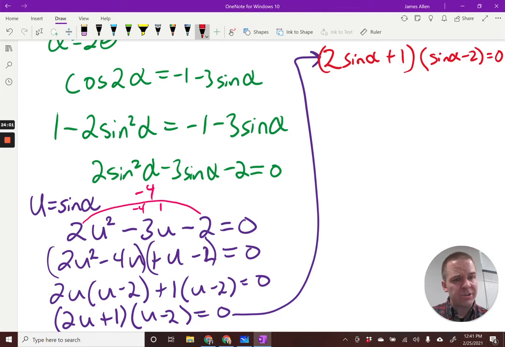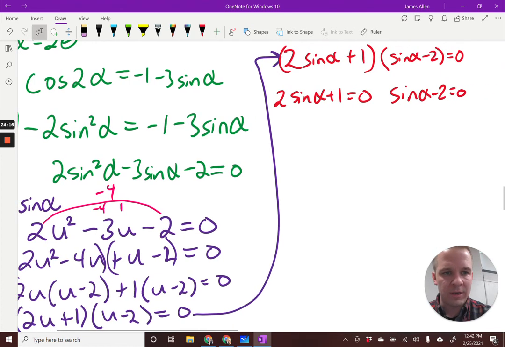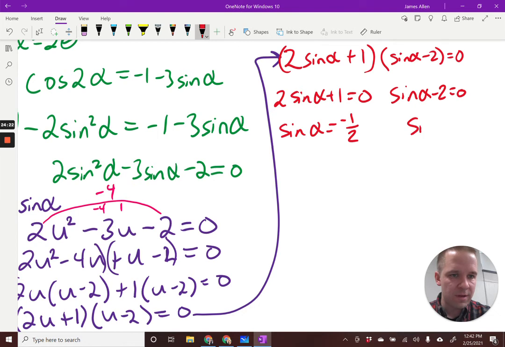Lovely. So now we can actually solve for alpha, but don't forget, we substituted for alpha. So I'm going to have 2 sine of alpha plus 1 equals 0, and sine of alpha minus 2 equals 0. And I'm running out of a little room. I'll scooch it a little bit. So I get sine of alpha equals -1/2. Sine of alpha equals 2.